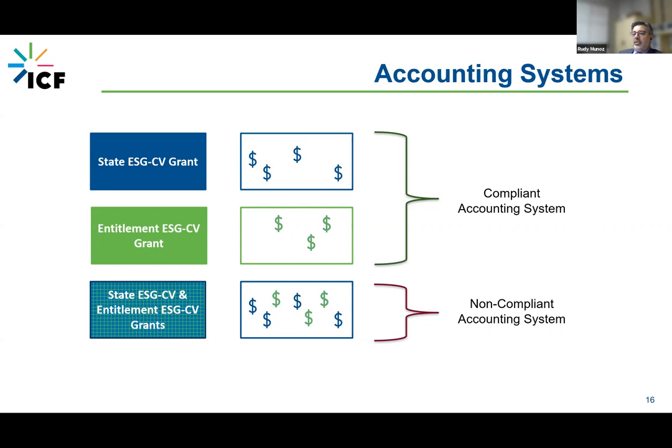In comparison, the example that is represented in the bottom row shows both state and entitlement grants that are commingled into one bucket. This particular accounting system is not compliant.